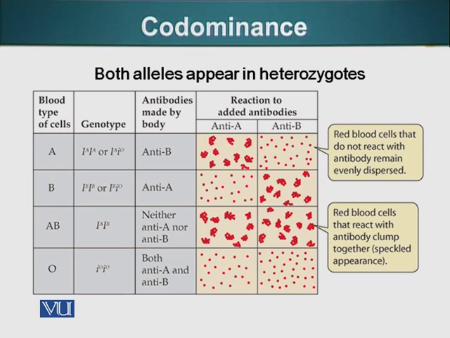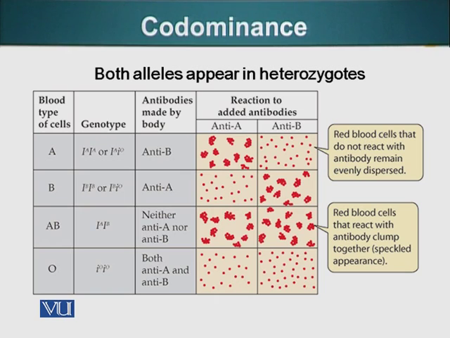If we add plasma from B blood group into A blood, this results in clumping of the red blood cells. Similarly, if a person with B blood group is exposed to plasma from A blood group, that will also cause clumping of the red blood cells.